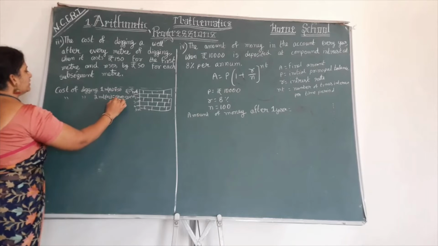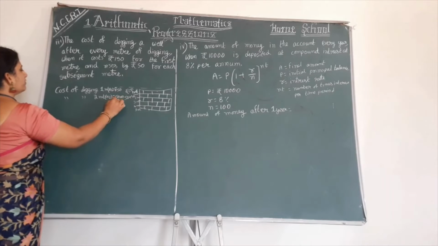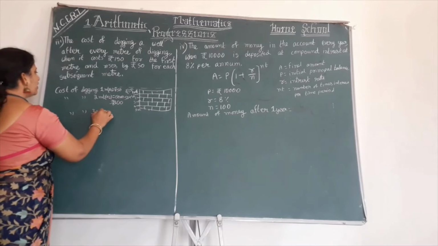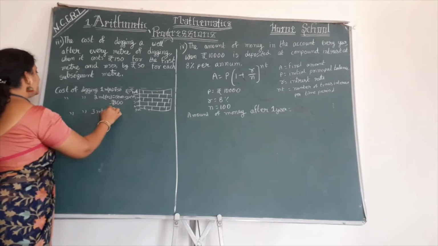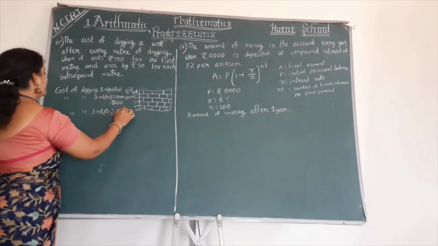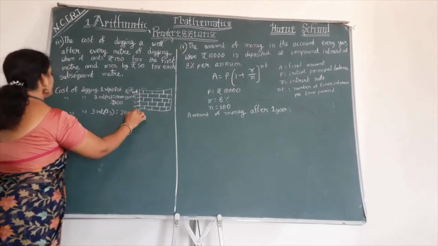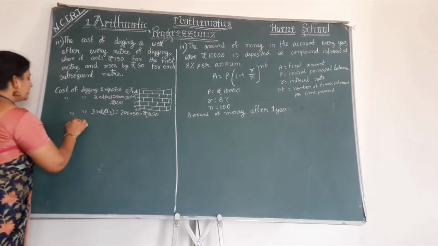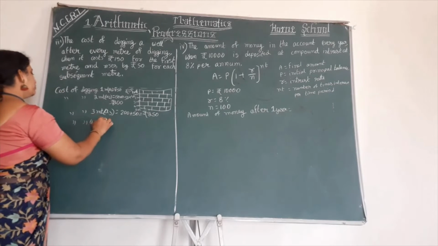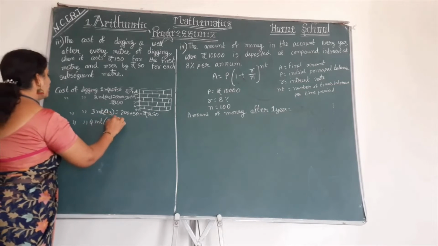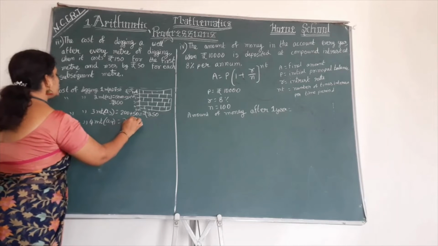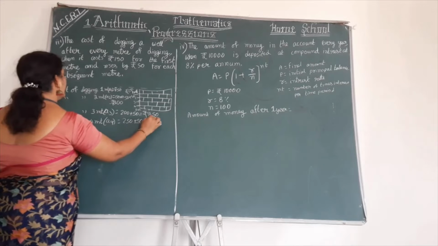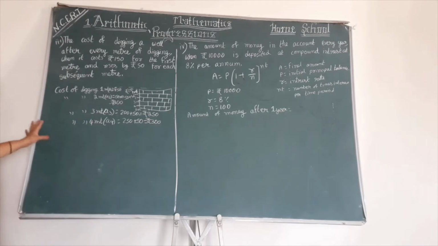This will be 200 rupees I need to pay now. Same manner. Let's continue. The cost of digging after 3 meters. Let it be A3. And again 200 rupees plus 50 will be 250 rupees. And so on. If you want, you can continue 2 or 3 more, or you can stop your problem here. This is 250 rupees plus 50. It will be 300 rupees. So let's write the sequence in an order.